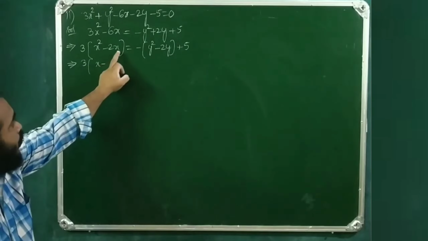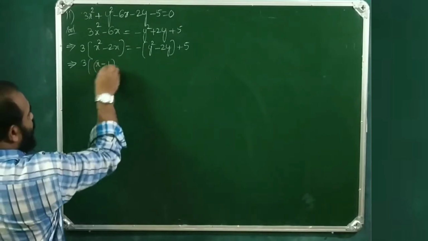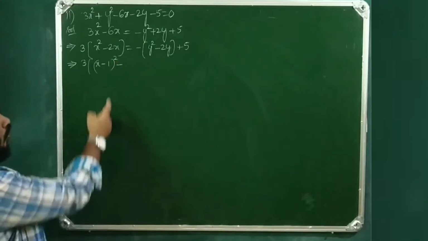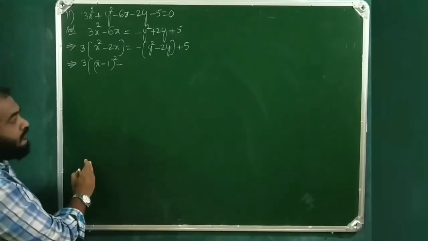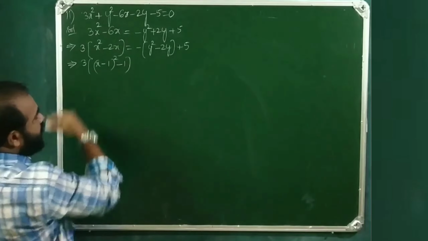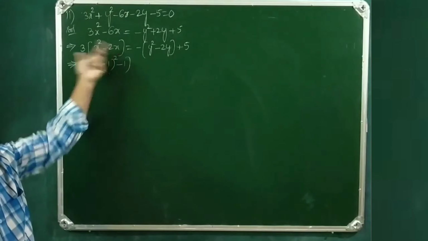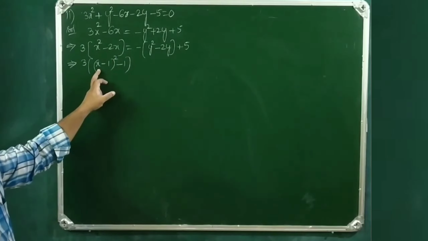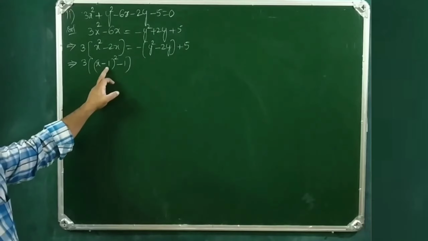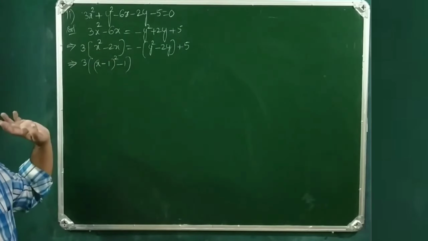Now the coefficient of x is 2, half of it is 1; complete the square, minus, every time minus will come, and 1, its square is 1. You may even check it out: x square plus 1 minus 2x minus 1. Plus 1 minus 1 gets cancelled, and we are left with this.